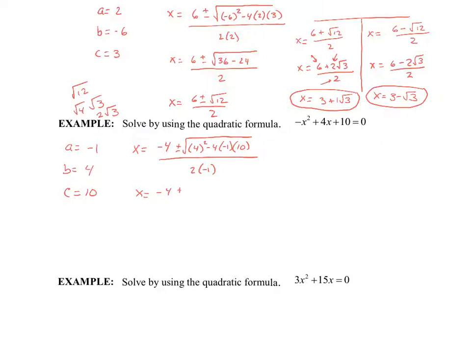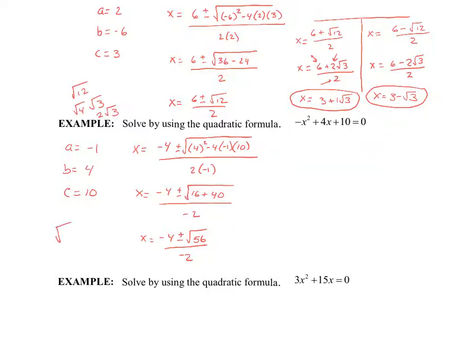Negative 4 plus or minus the square root of 16. 4 squared is 16. And then this will become a plus 40. Okay, whole thing over negative 2. So x equals negative 4 plus or minus the square root of 56 all over negative 2.